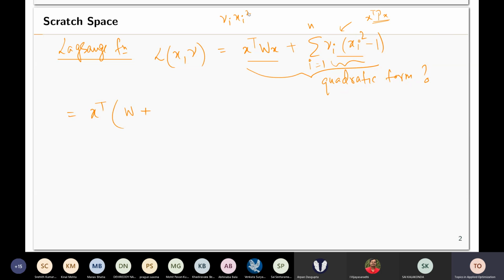I know that I can write this as xi like this, but this nu_i is here, right? So make a diagonal matrix of that. What I can do is nu_1, nu_2, and nu_n, with 0, 0 elsewhere. So we can do this.